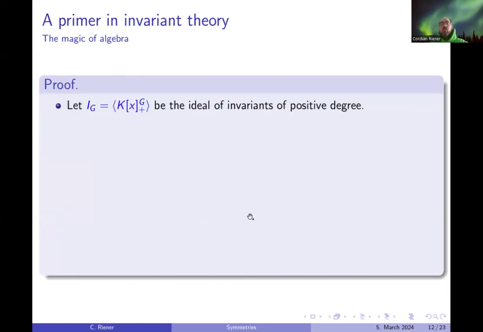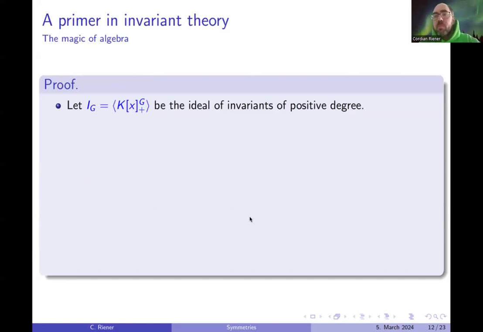Okay, let's quickly look at the proof, because the proof is very beautiful and actually not hard to see. What we do is we look at an ideal generated by all invariant polynomials of positive degree. So I look at all the polynomials that are invariant. Of course, constants are also invariant, but I forget those.